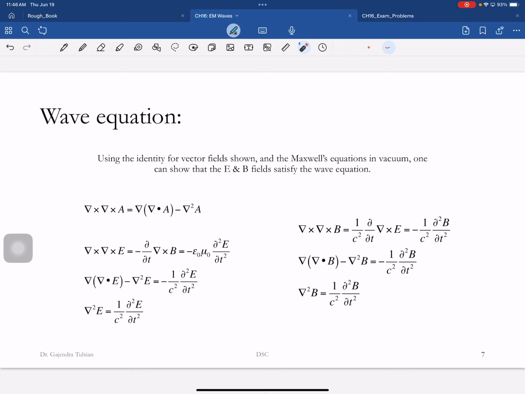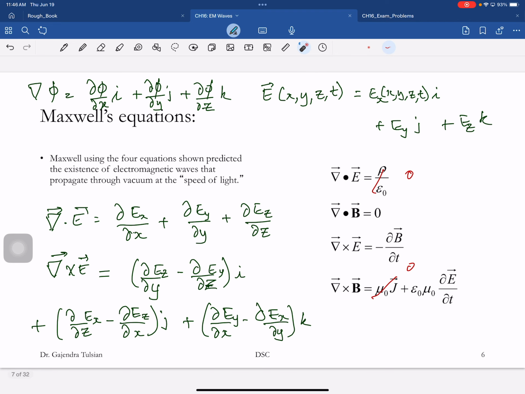What this is saying is, if you take the curl of a curl of a vector field, that is equal to the gradient of the divergence. This is a scalar, and gradient of a scalar we just saw is that.